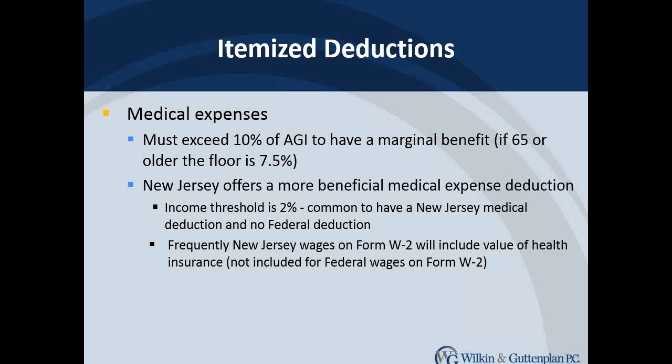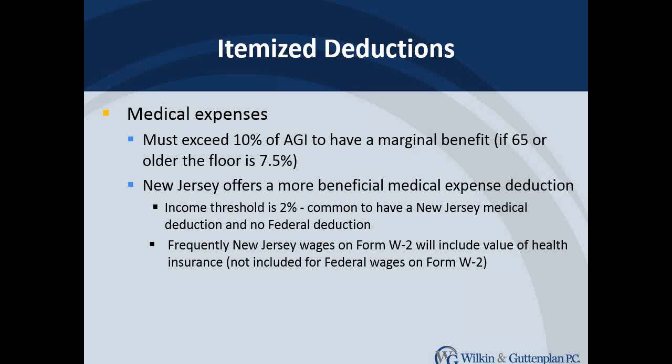The other thing that's frequently missed is on your New Jersey W-2, often New Jersey wages are higher than federal wages. The reason is that for federal purposes, any medical insurance premiums are not taxable, so they're excluded from your federal taxable wages. New Jersey does not allow that exclusion, so they actually add back the medical premiums and tax you as if it's earned income wages.